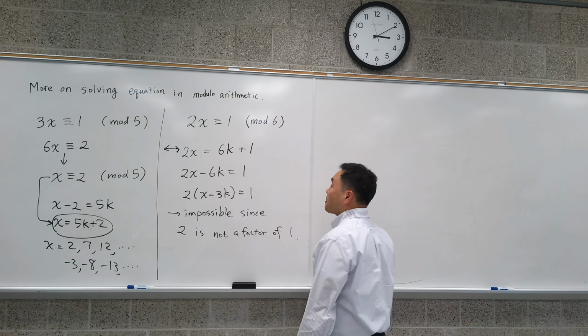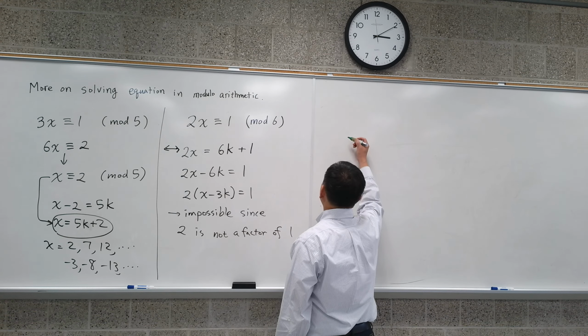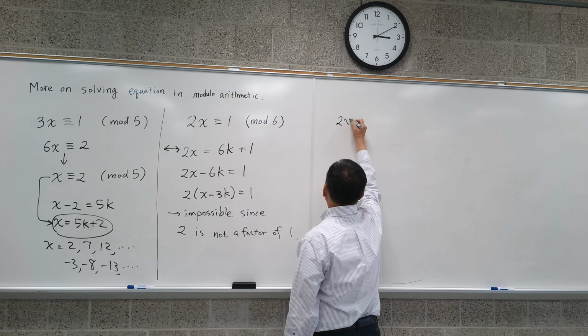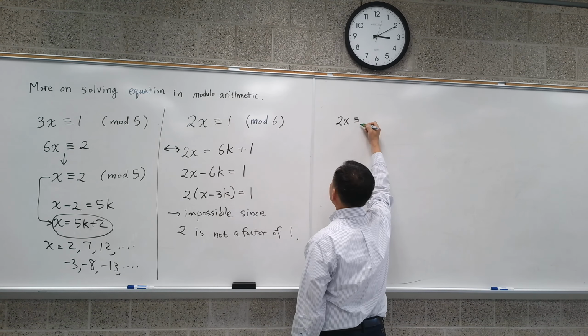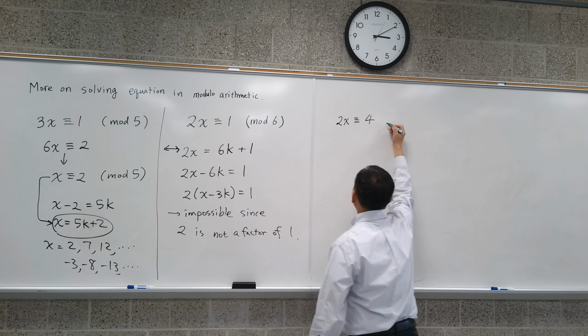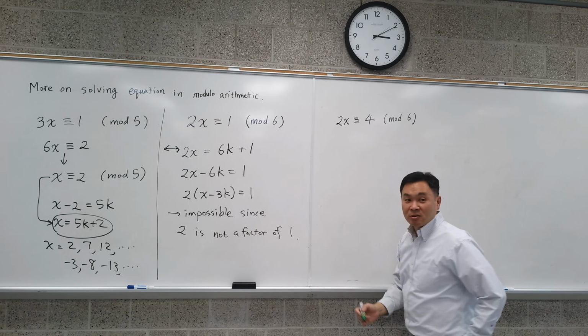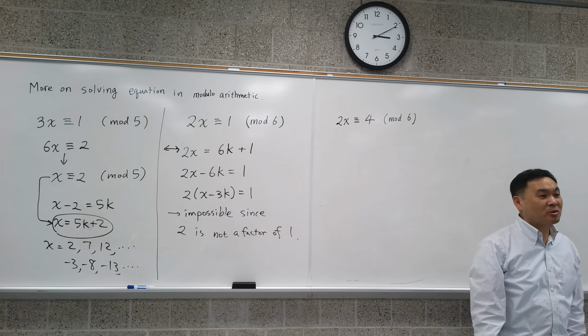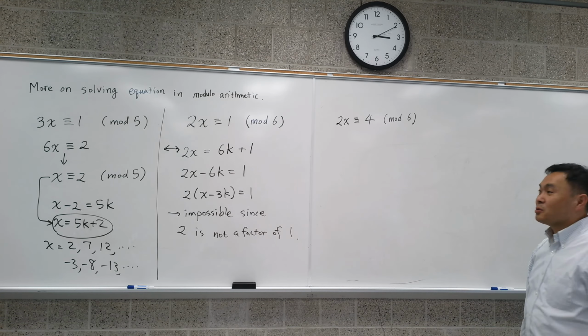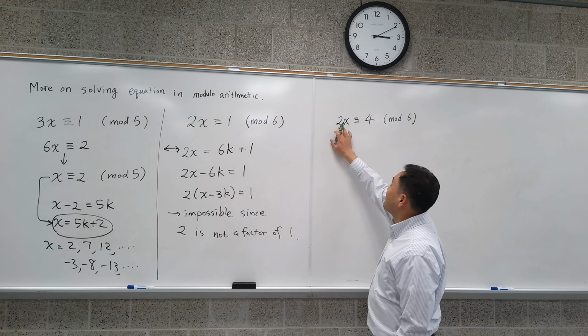So what about this case? What if you have 2x congruent to 4 mod 6? Okay, let's think about whether this one can be done. Again, you can try any numbers from 1 through 5.